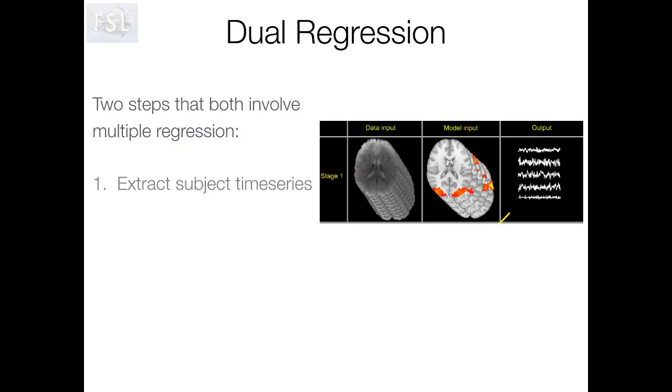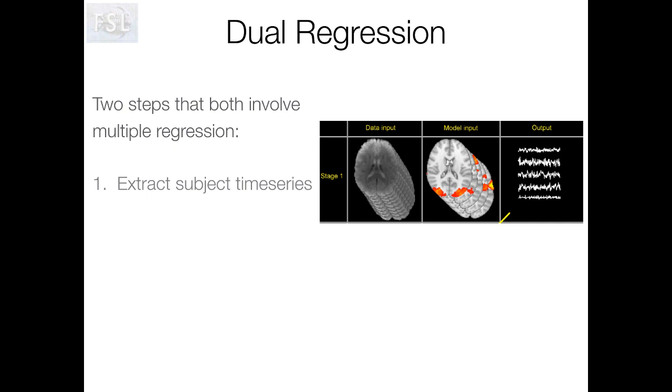So we run dual regression separately for every subject in our analysis. And as the name suggests, it performs two regressions, which are called stages 1 and 2. The inputs to the first stage are the pre-processed fMRI data for one subject and the group ICA spatial maps, so the group-level component spatial maps. The first stage of dual regression is a spatial regression, where we regress the group ICA components onto the subject's fMRI data.